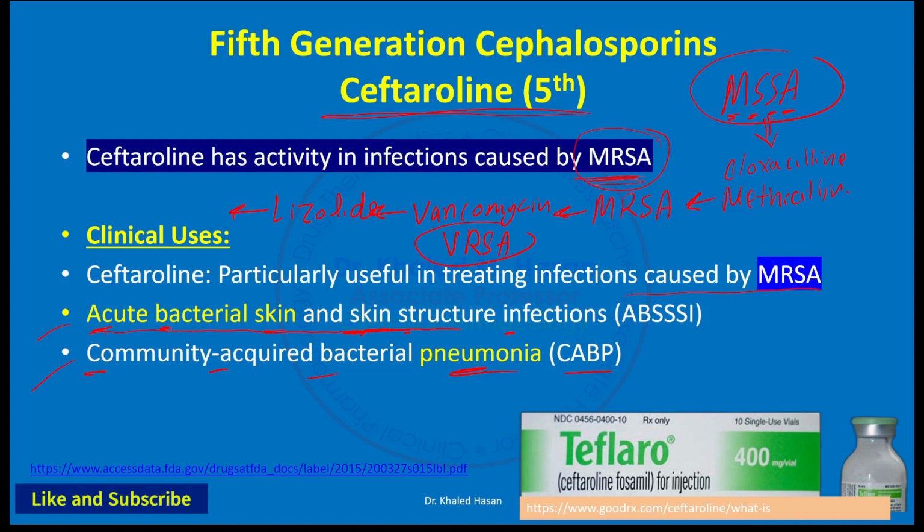If the bacteria resist linezolid, we can use ceftaroline. So as you can see here, we have options: cloxacillin, methicillin, then if the bacteria resist vancomycin, if they resist linezolid, and we have a list of antibiotics that could be used to treat MRSA. Okay, again, this is a fifth generation.